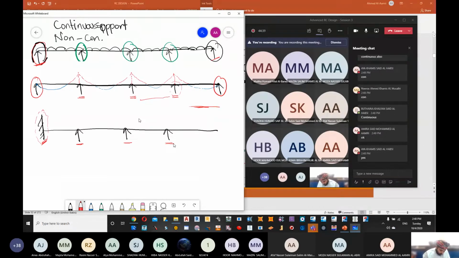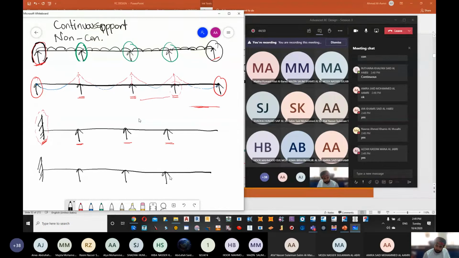Now, if I try to go and draw the bending moment diagram, this is my fixed. This is my first support, second, third. Now this one, I just draw a line above, a line above, a line above, and then a line above.